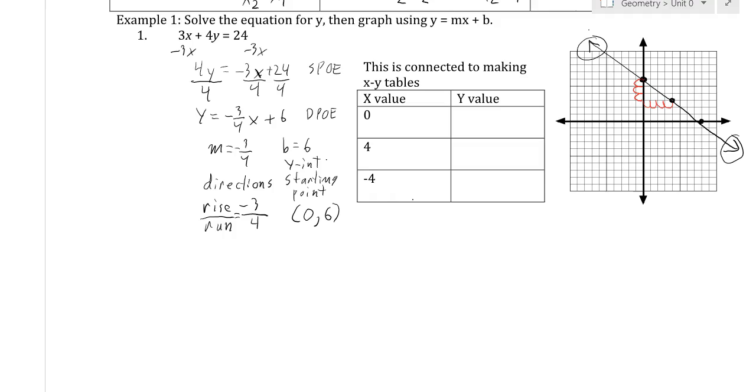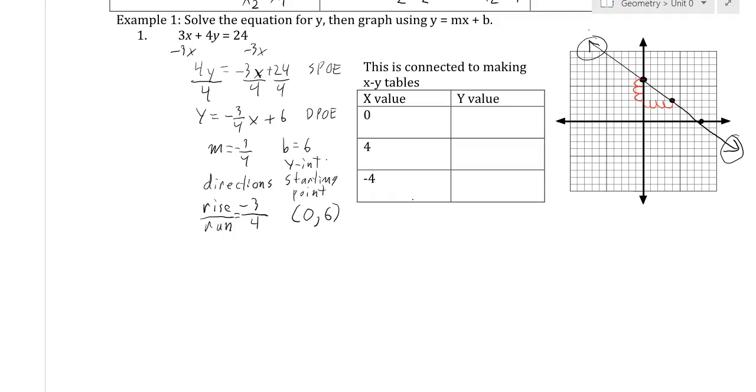So this is directly connected to making XY tables. Hopefully you made XY tables when you were in your Algebra 1 class. We could have taken the 3x plus 4y equals 24 and just picked x values.